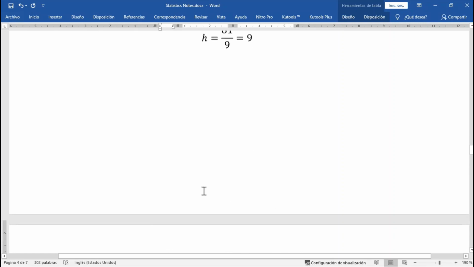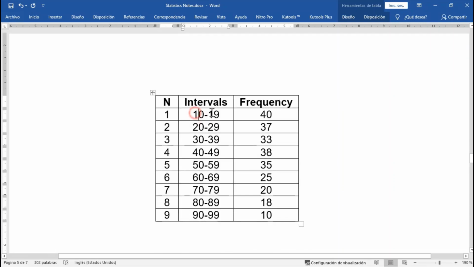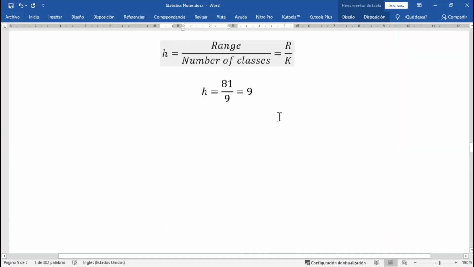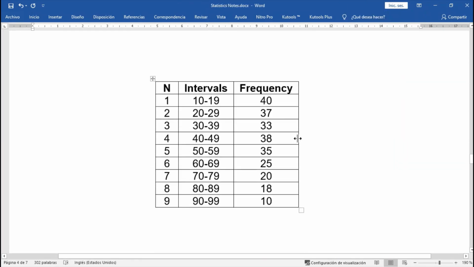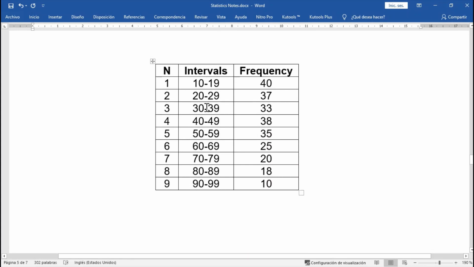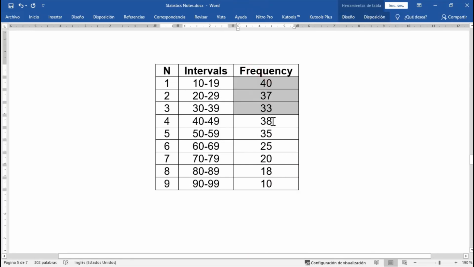And the width of classes is the distance that you get when you subtract the lower value from the higher value of an interval. 19 minus 10 equals 9, right? And you have all the intervals and the frequency. If you add all these numbers, you're going to get 256. That means that here are the 256 people.